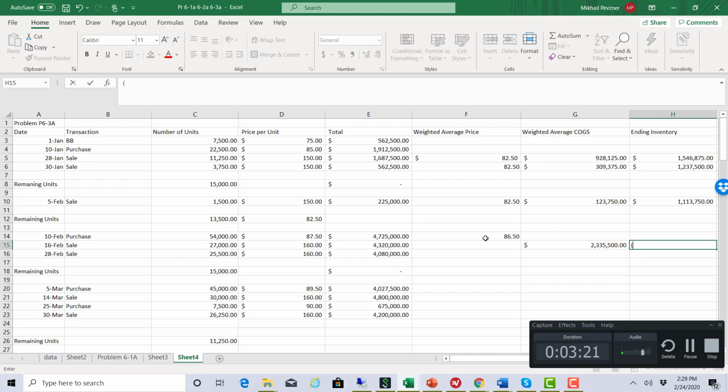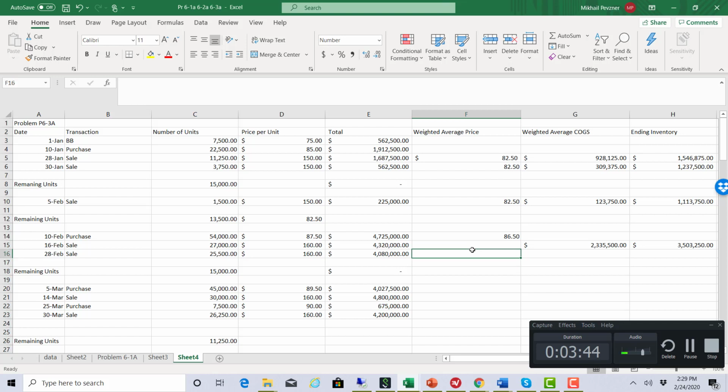The remaining cost will be the beginning remaining units plus 54,000 minus 27,000, times 8650. So that's what we have as the ending inventory in that case.